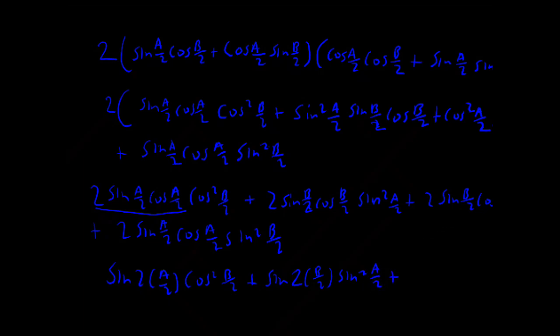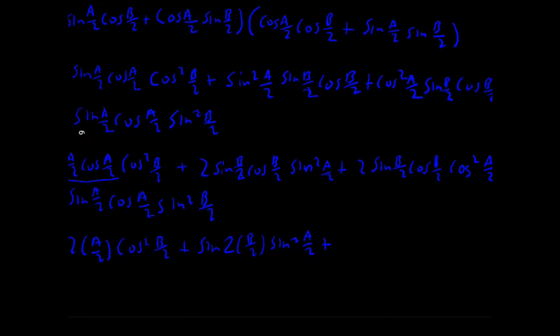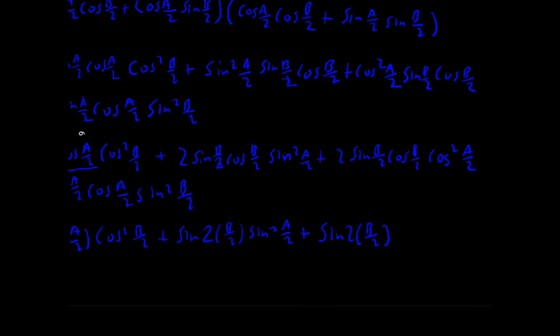All right, so this is what we have so far. Now here, let's just continue. Here we have another double angle, so it's just going to be sine 2 of that thing, b over 2. Then here we're going to literally have cos squared a over 2.